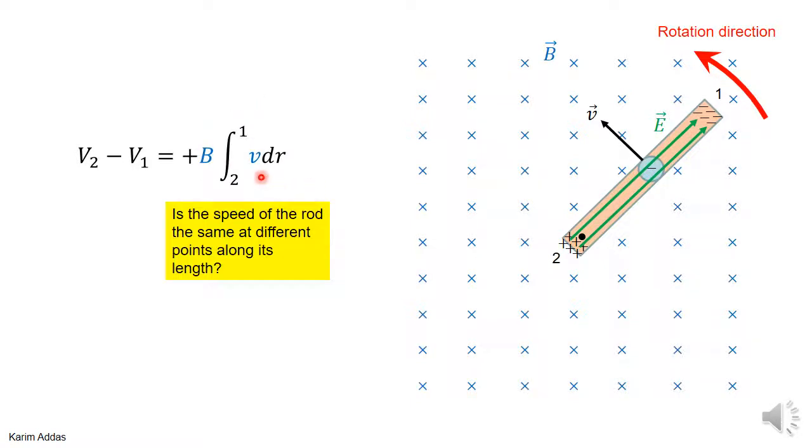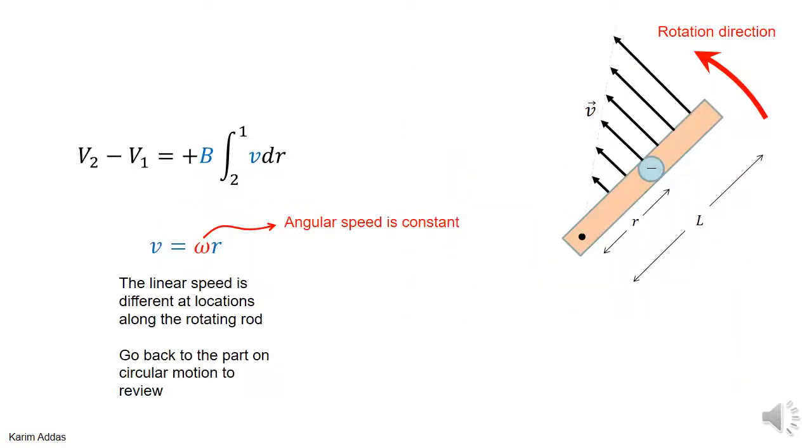Now, is the linear speed of the rod the same at all points along its length? Remember from mechanics that with motion in a circle, there's a difference between linear speed and angular speed: linear speed is angular speed times the radius. If this rod rotates through some angle, this point and that point rotate in the same amount of time, but the distance here is larger than here.